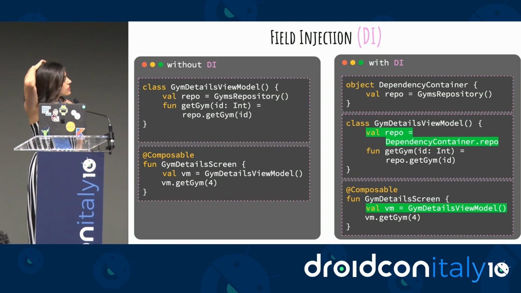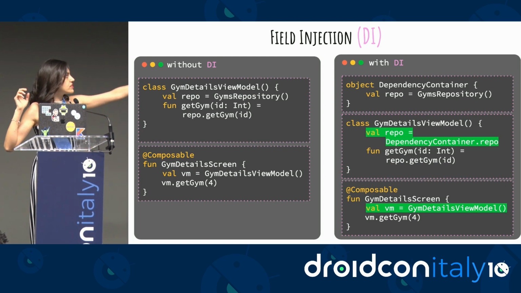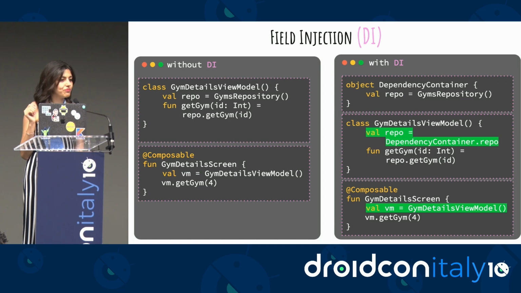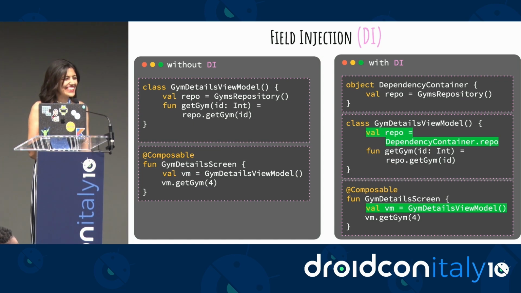Okay, now does anybody here see a problem with this kind of dependency injection? Yes, tell me please. I saw you nodding. Okay, you said it's a static object and it's always there. And what else?